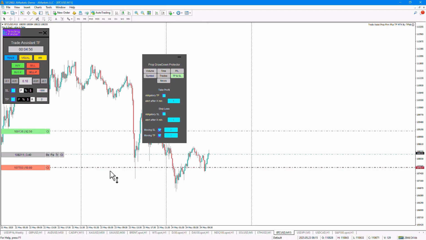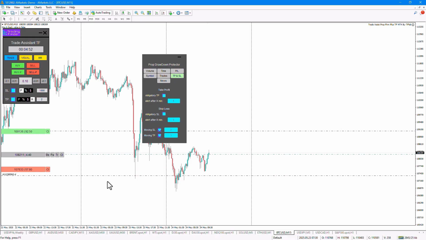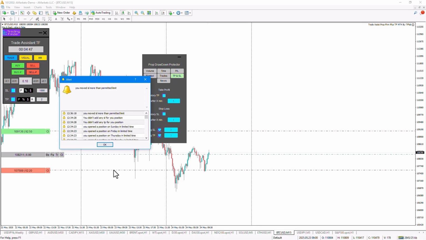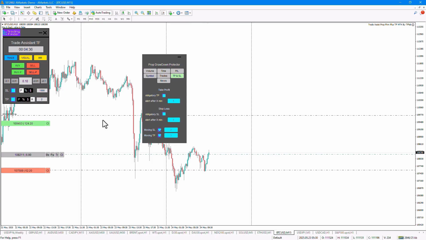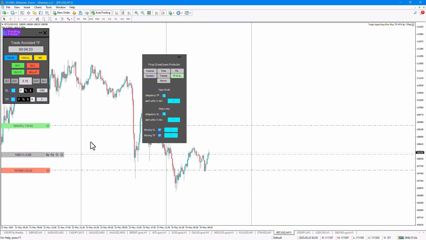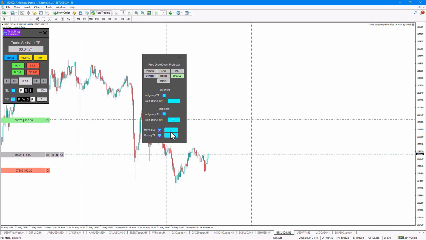The default value is set to 3, meaning that if I move my stop loss and take profit, there's no problem moving it, but if I try to move it for the fourth time, I will receive a warning. It's exactly the same for take profit, meaning I am allowed to move the take profit a maximum of 3 times, and if I move it for the fourth time, I will receive a warning. I can set this value here.